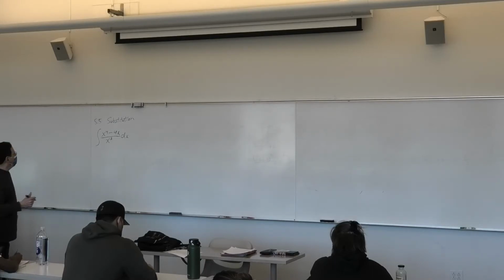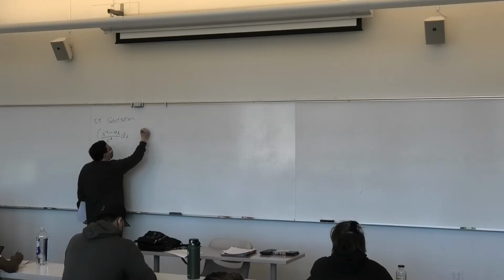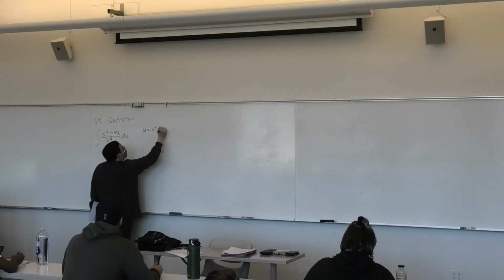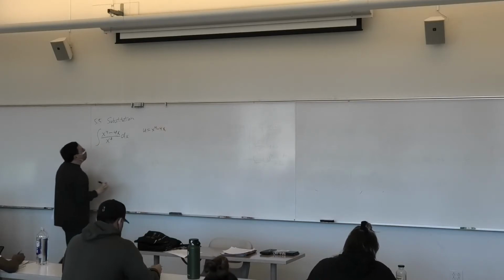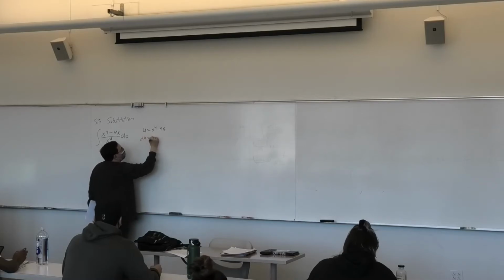What substitution did you try? The u substitution, and I used x to the fourth power minus 4x. I said that to u. And then I found du was 4x to the third minus 4 dx.